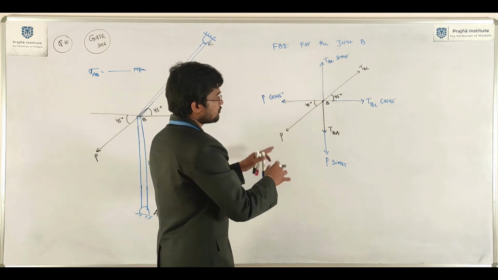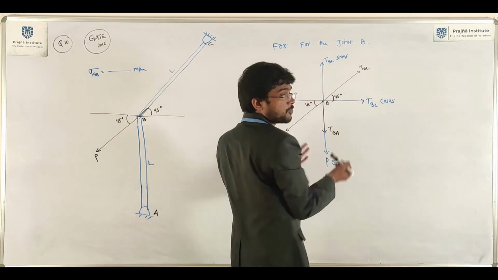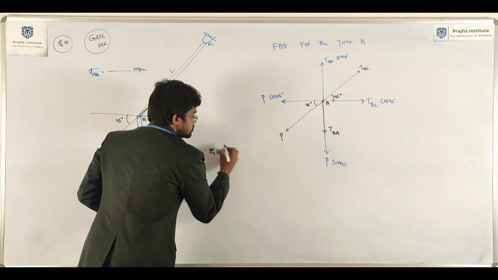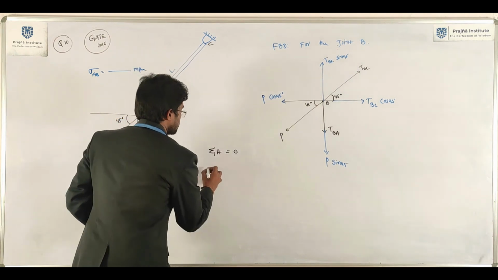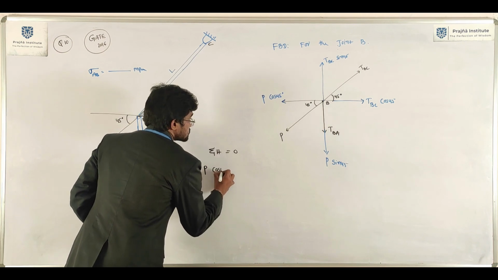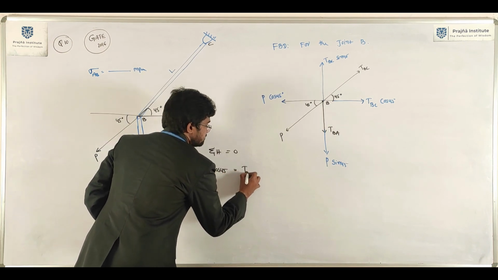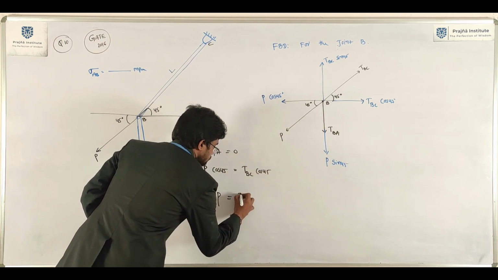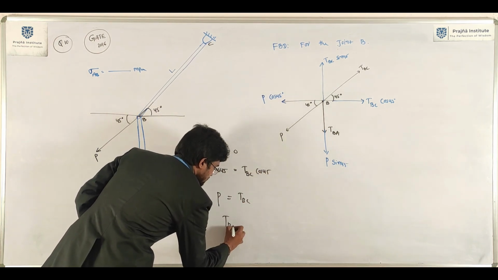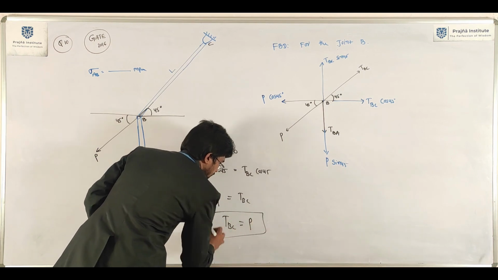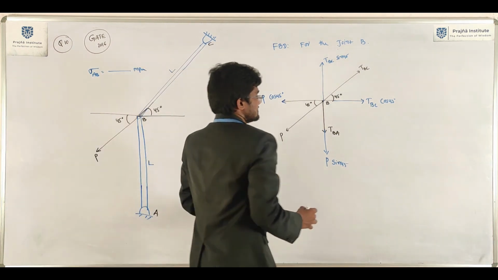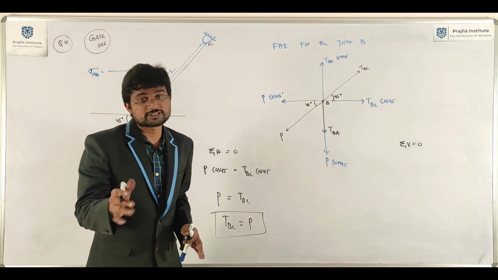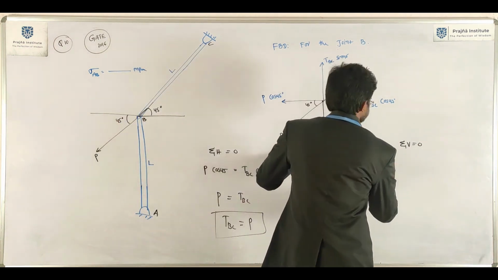Now you have drawn the free body diagram and resolved the components. Now sigma H equals 0. Here what will you get? P cos 45 equals TBC cos 45. P equals TBC, TBC equals P. Now sigma V equals 0, sum of the upward forces equal to sum of the downward forces.